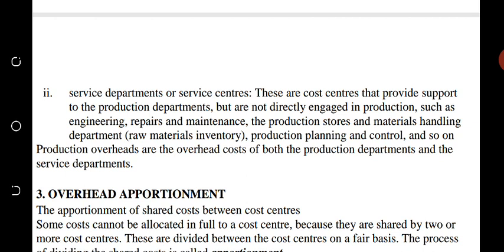Production overhead are the overhead costs of both the production department and the service department.